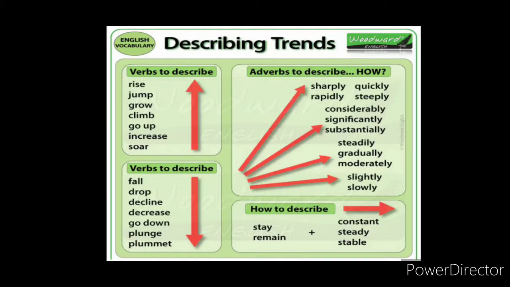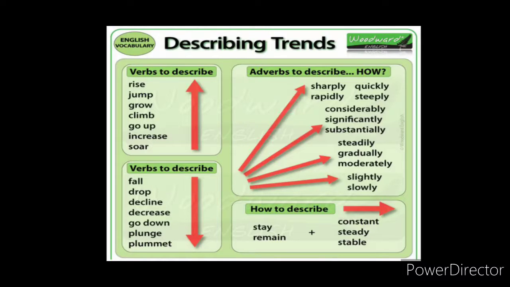These are some of the describing trends. Verbs to describe increase. So what are the other words that you can use? As I said, you should always avoid repetition. So what are the other verbs to describe an increase in something, or the words to describe a decrease in something?